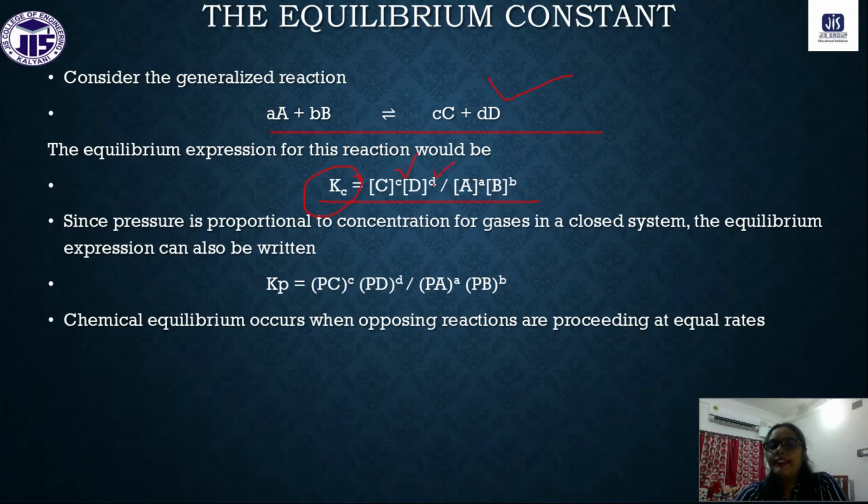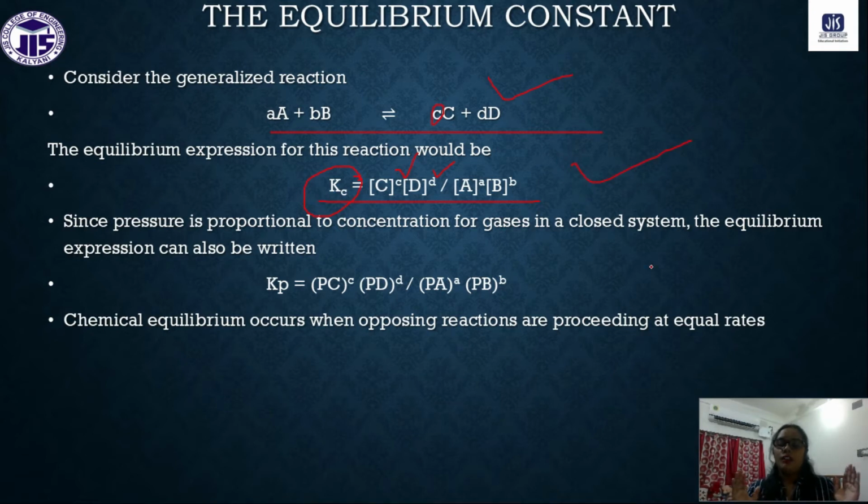You can see here, concentration of C to the power c. What is c? That means this much amount we have got for the C product. So this is the main equation of the equilibrium constant.